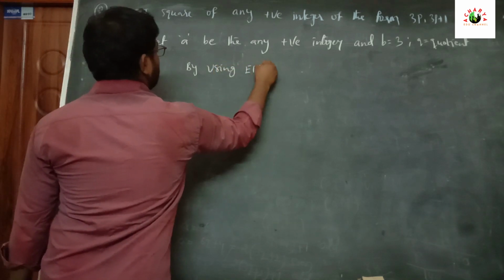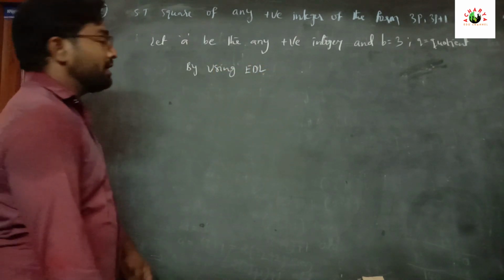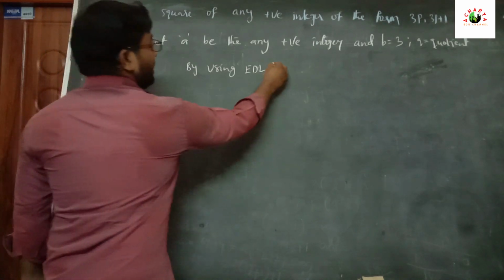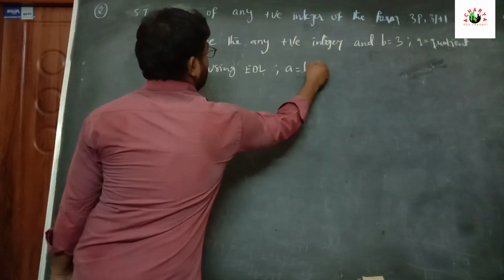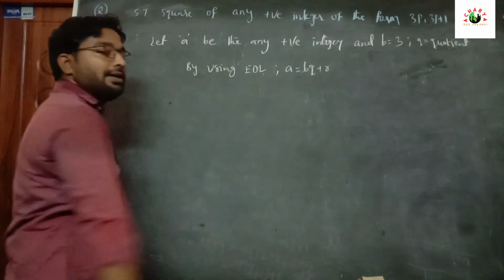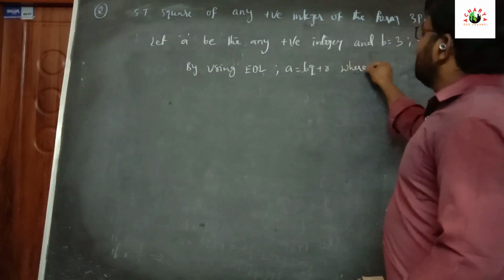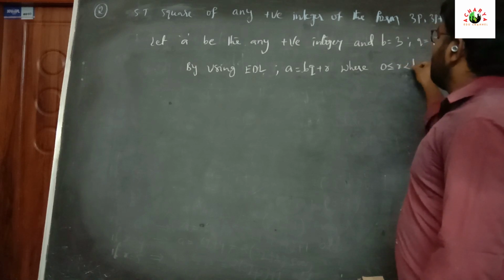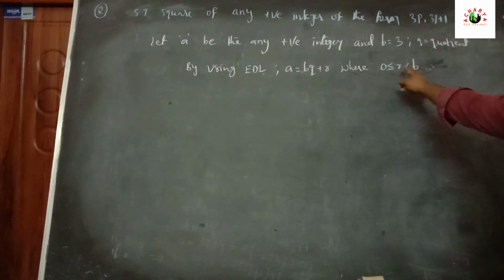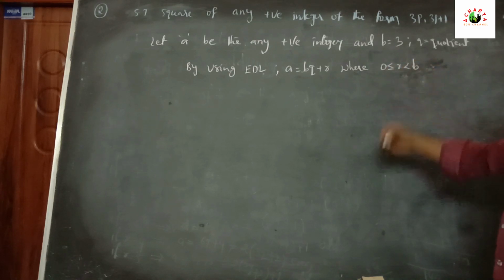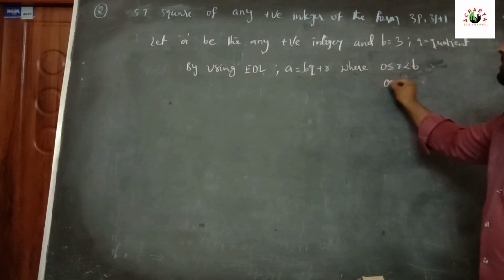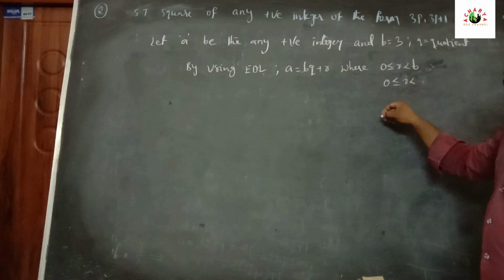Next, by using Euclid's division lemma. Now what is the Euclid's division lemma condition? a = bq + r, where 0 ≤ r < b. It means the remainder should be greater than or equal to 0 and less than b. Here the value of b is 3.